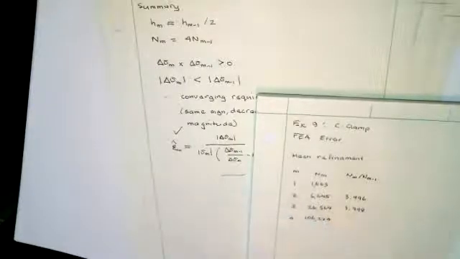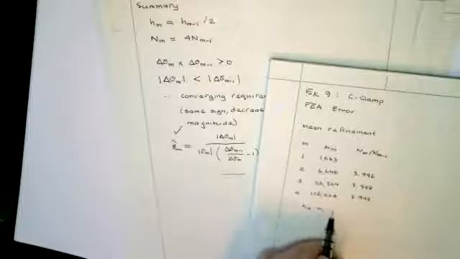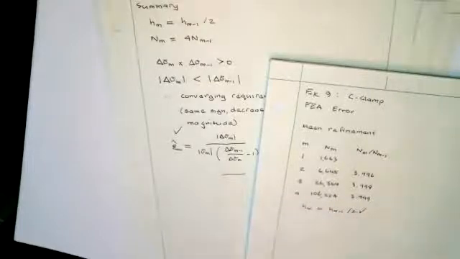You can keep going with current codes. You can get to a million. That's okay. Here are the stresses.